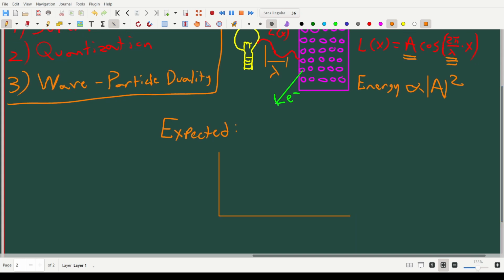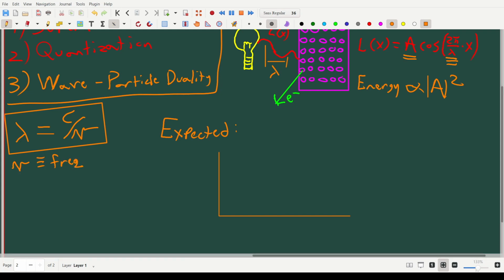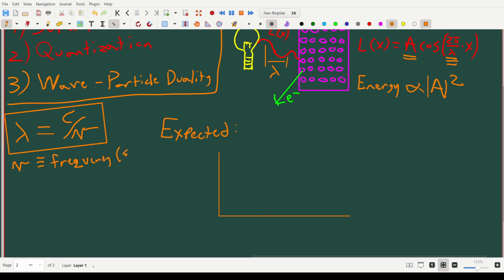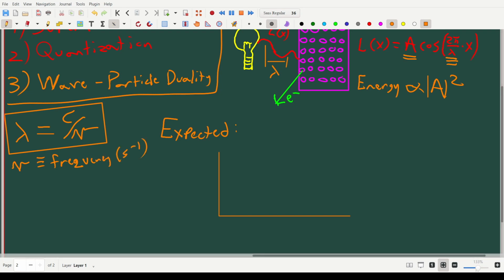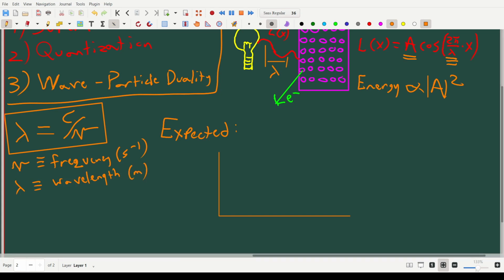So let me just remind you again that the wavelength of a wave is equal to c over its frequency. I'm always going to use this squiggly v for frequency, and the units of frequency are per second. That's how fast in time a wave goes through a period. And of course, lambda is the wavelength, which is in meters. And light always travels at c, so you can interconvert with this formula.